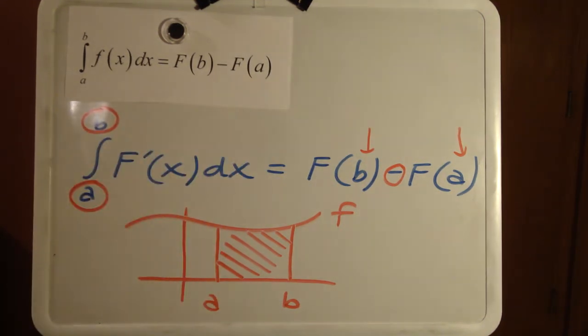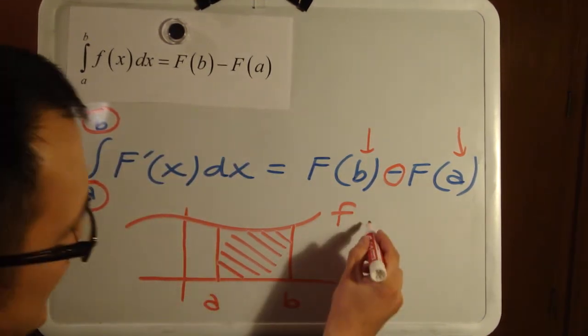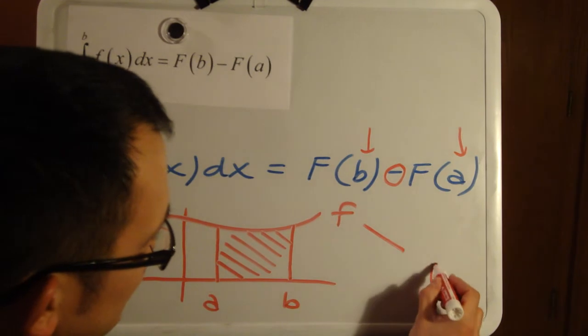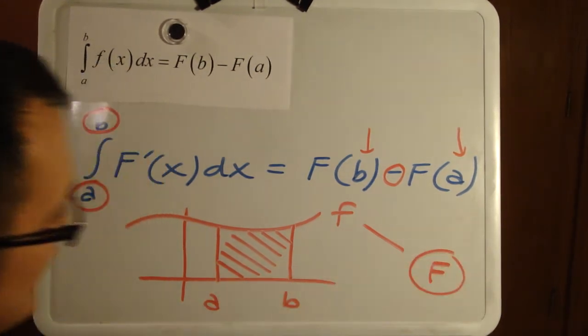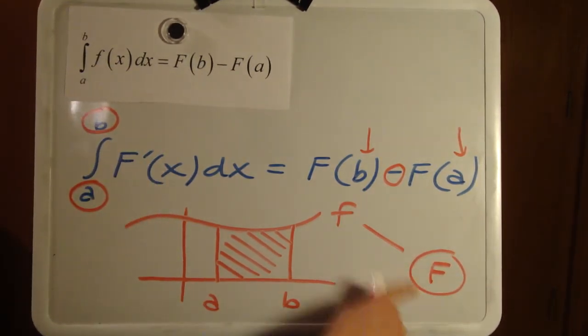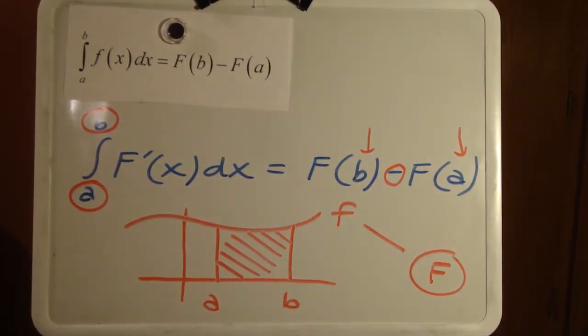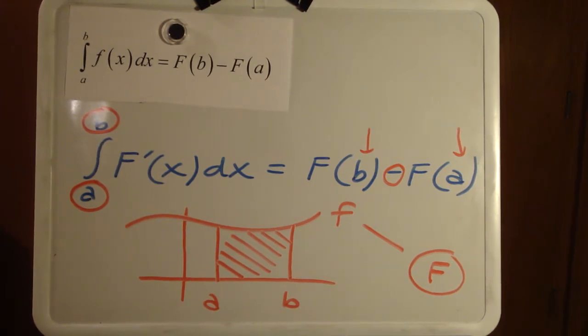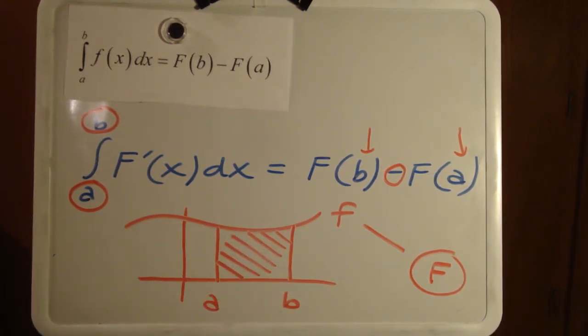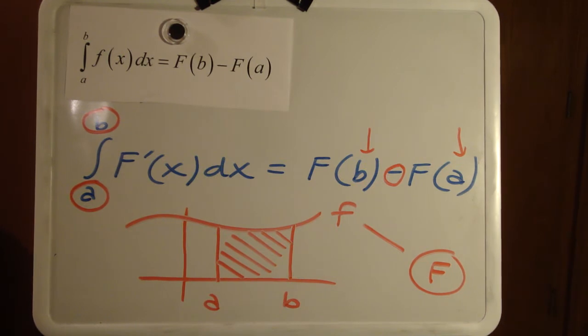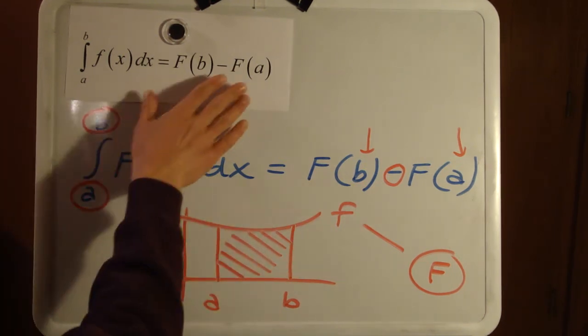This is exactly how you do it. So you have to find an antiderivative of this function, right? That would be capital F. And then once you find that antiderivative, all you have to do is subtract at the endpoints, right? F of B minus F of A. So this really makes light work of finding the area underneath the curve. We don't have to talk about approximation anymore, and it's a very, very efficient way to calculate area.